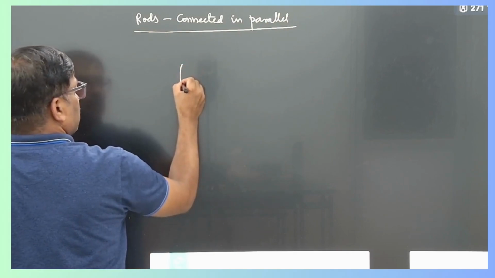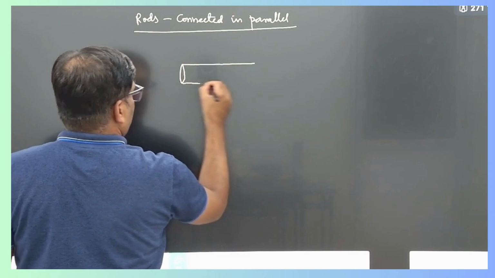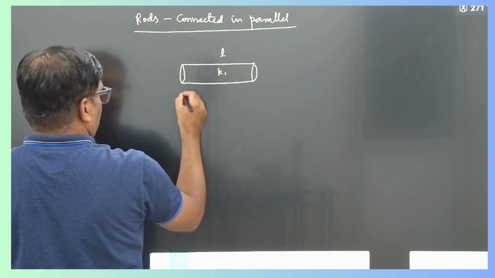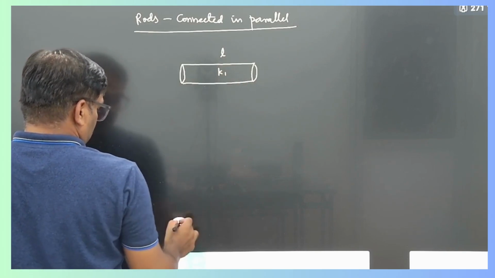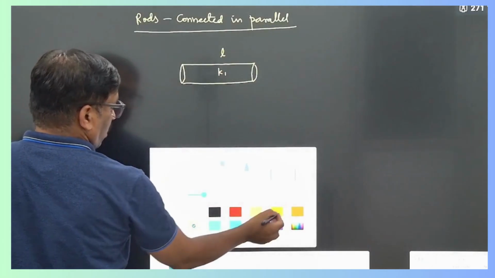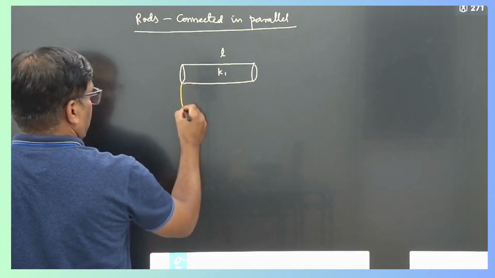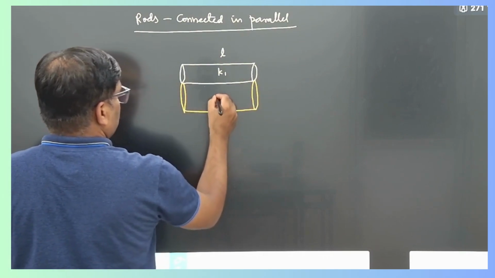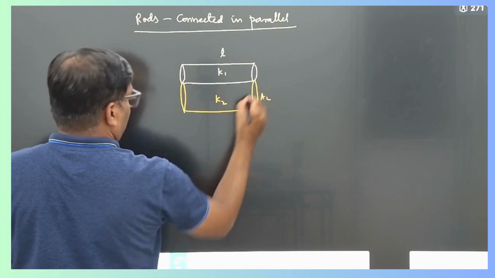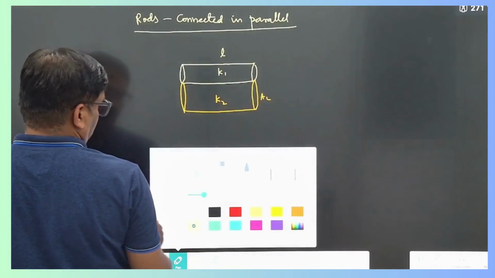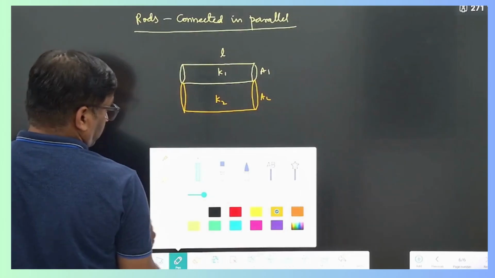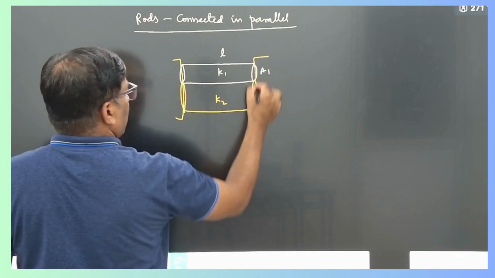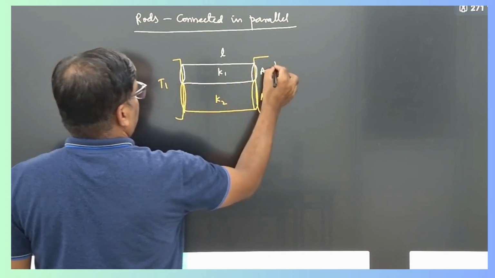There is one rod, having length L and conductivity K1, and another rod, also of length L, with conductivity K2. Therefore the area here is A2, and here the area is A1. Now these are connected between one temperature junction and another temperature junction, T1 and T2.